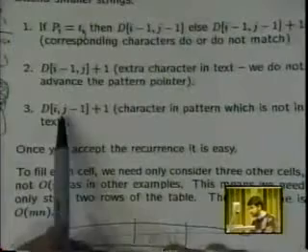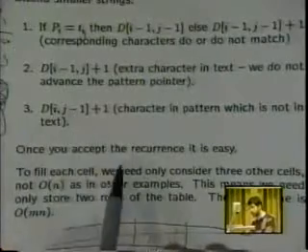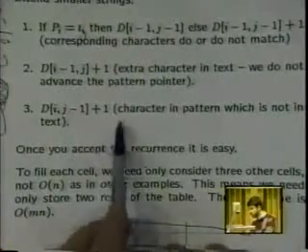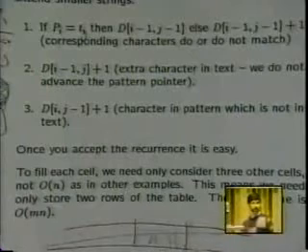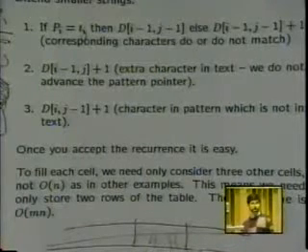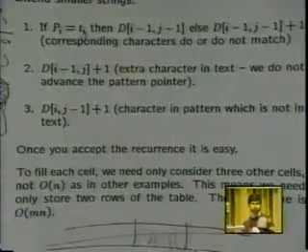So the cost of editing from i to j could be: figure out the cost that it would have been if that last character didn't exist in the text, and then pay 1 for the cost of deleting it. Or say that that character did not exist in the pattern, and pay 1 for the cost of deleting it. There are 3 possibilities.